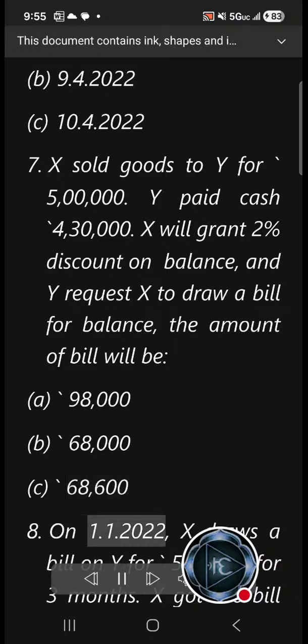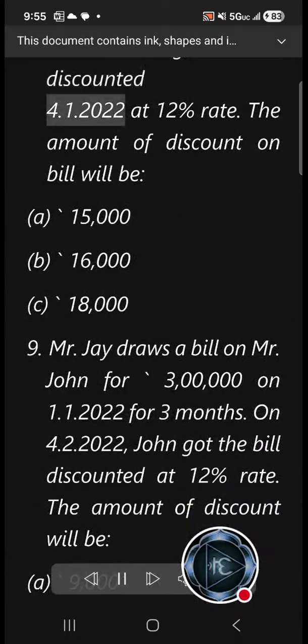On January 1st, 2022, X draws a bill on Y for 500,000 for 3 months. X got the bill discounted April 1st, 2022 at 12% rate. The amount of discount on bill will be 15,000, 16,000, 18,000.